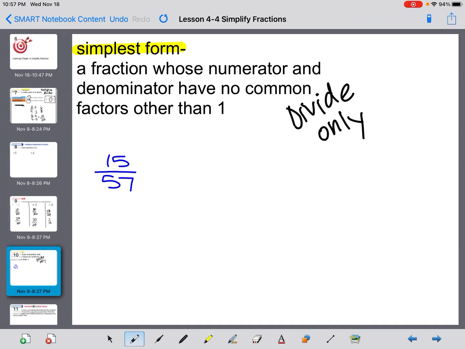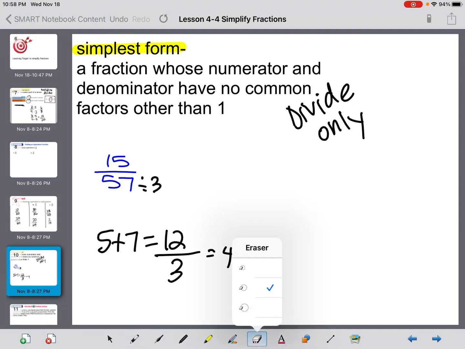Also, you might need some of those factors or divisibility rules, because 15/57ths, a lot of people think that is in simplest form. But if you add 5 plus 7, you get 12, which is divisible by 3. So guess what that means?